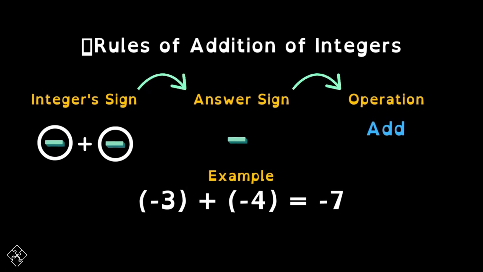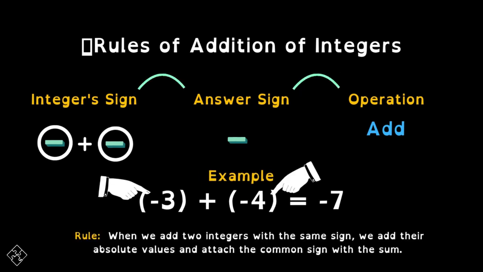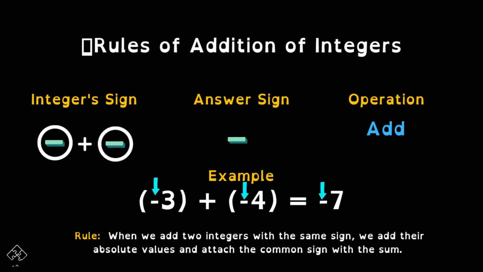So that is equal to negative 7. So paano nangyari yon? Since si negative 3 ay negative integers, si 4 ay negative integers din, ikokopya lang po natin yung kanilang sign. And then we will add the absolute values of the numbers. So we have 3 plus 4, that is 7.